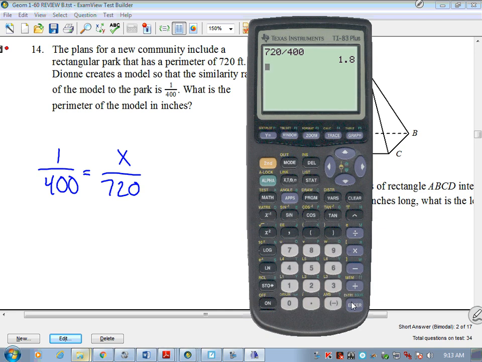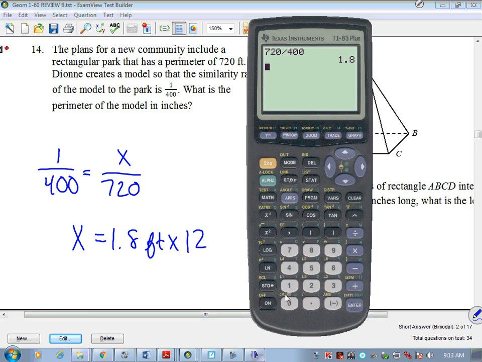Let's see, we're on 14. It comes out as 1.8, but it's actually in feet. So what we need to do is multiply those feet by 12 so that we're getting inches.